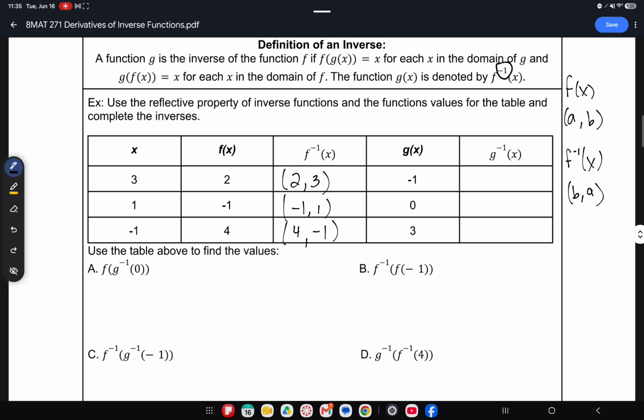And then the same for the g of x, okay? So instead of (3, -1), it is now (-1, 3). And then instead of (1, 0), it is now (0, 1). And then instead of (-1, 3), it's now (3, -1).